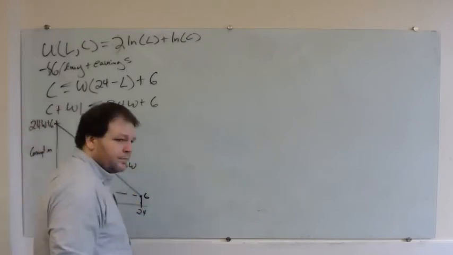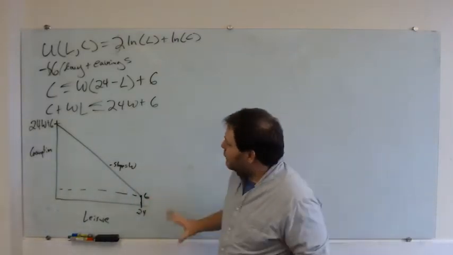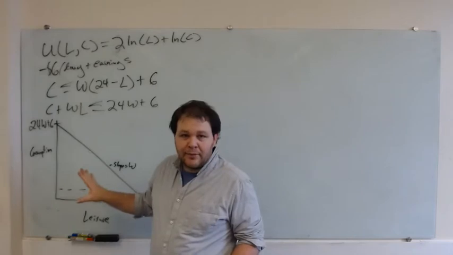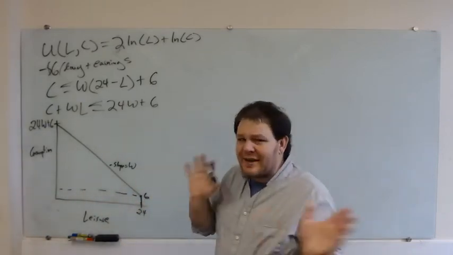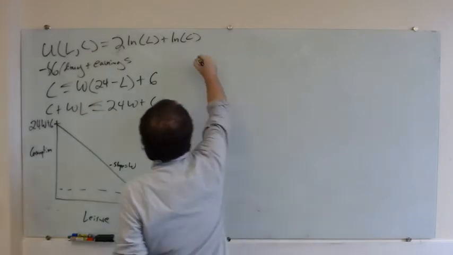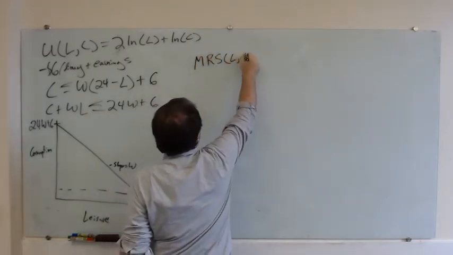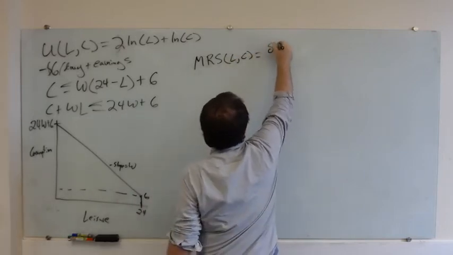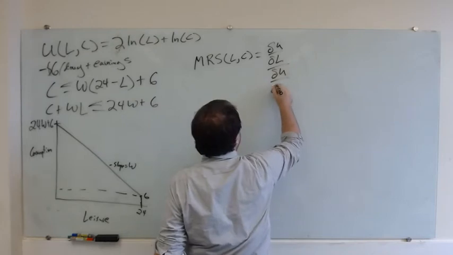Cool. Okay. So what we want to do is solve this problem for any given W. So why don't we start by finding our marginal rate of substitution? That's how we start all these problems. We'll say my MRS of leisure and consumption is du dl over du dc.